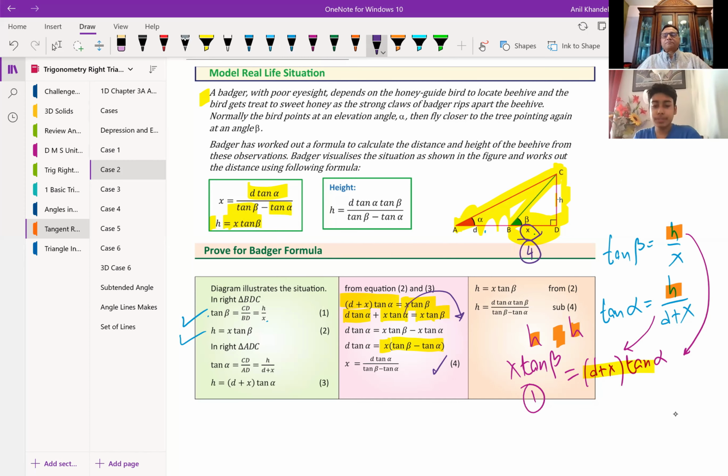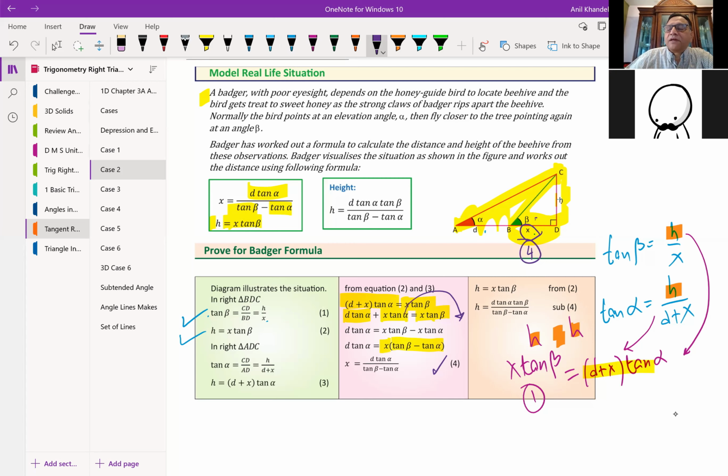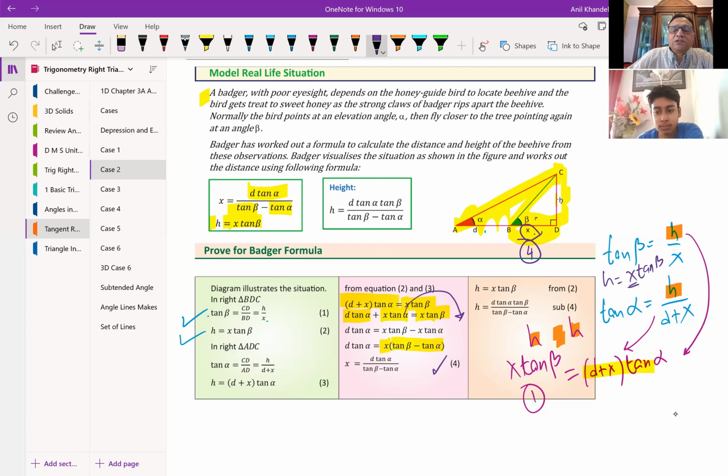Okay, sir. Now, we know this angle beta, so you can use the smaller triangle, where height is x times tan beta, right? Height is x times tan beta in this triangle. For example, here, h is what? x times tan beta, correct? Yes, sir. So, substituting the value of x, which is all this, times tan beta, we get the formula.